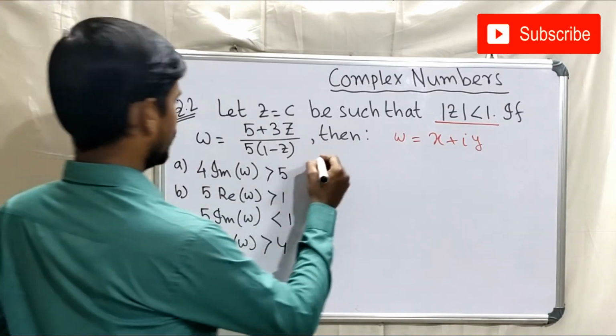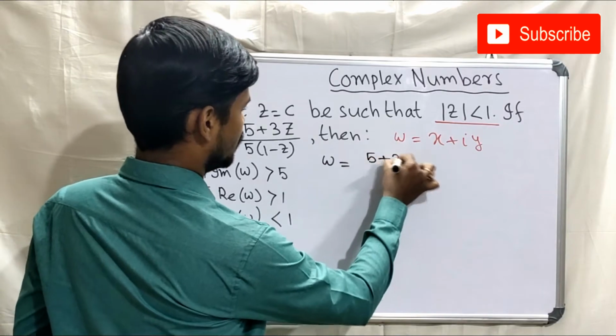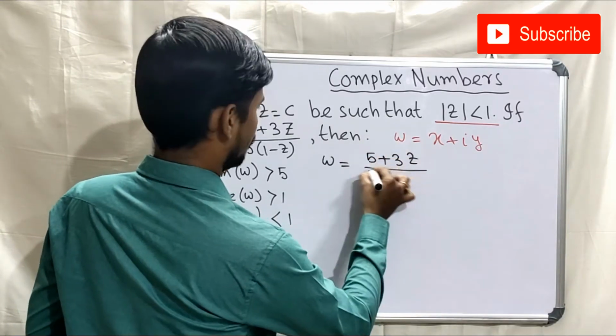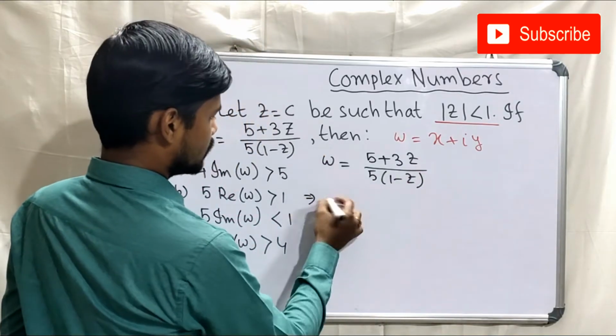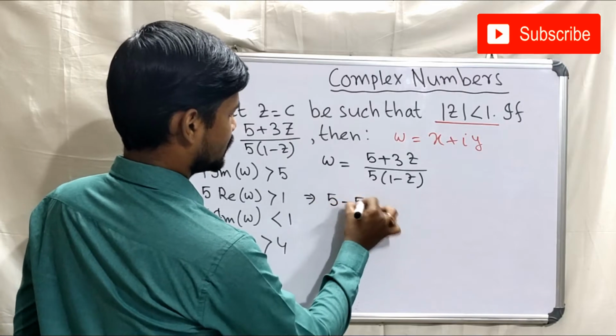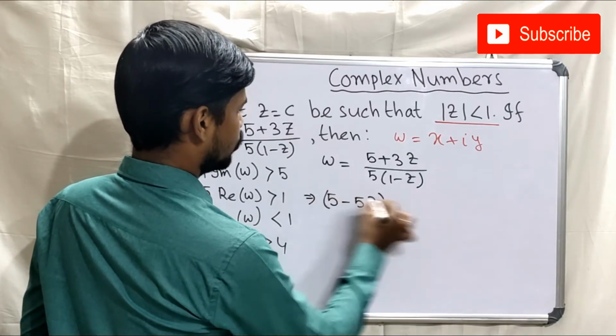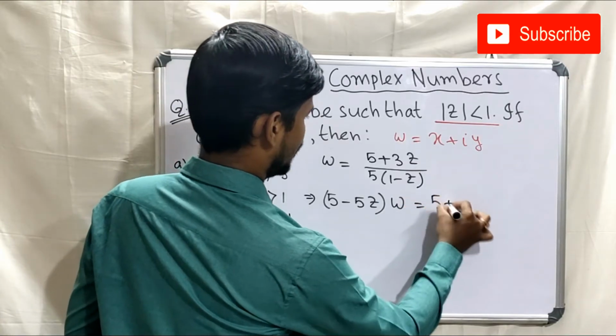Now starting with the given condition omega equals (5 plus 3z) by (5 into (1 minus z)), then cross multiplying we have (5 minus 5z) into omega, okay, this equals 5 plus 3z.